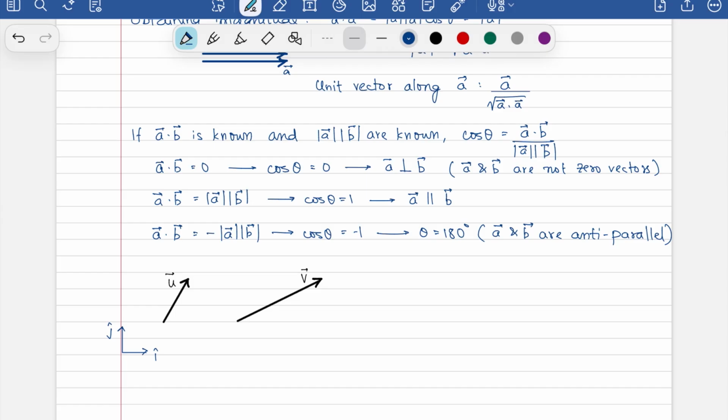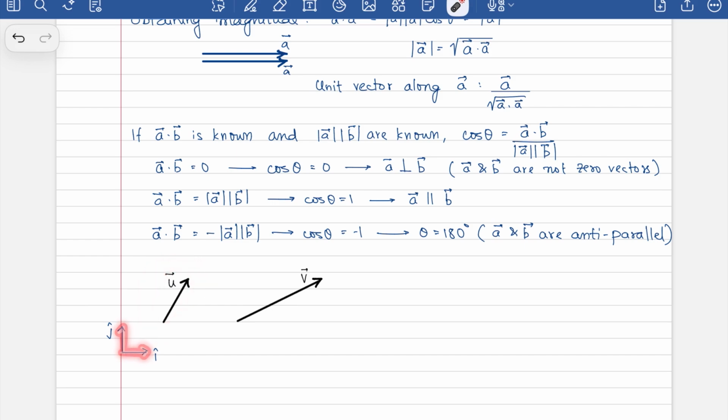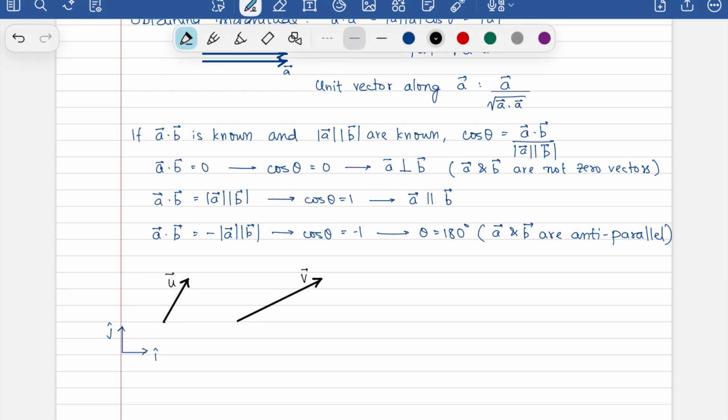Now you can obtain your vector u as components along the I hat and the j hat direction. So you could write that this here is ux I hat, and this here is uy j hat, right? You're familiar with this? This here is vx I hat, and this here is vy j hat.